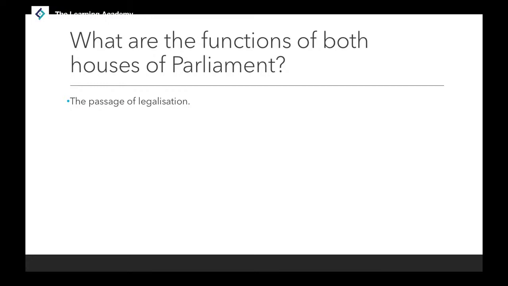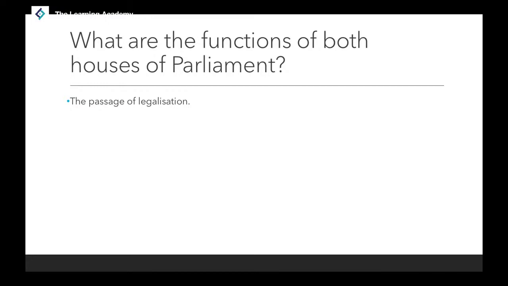However, you could make the counter argument, of course, that this has been a downward trend. There are a couple of counter arguments you can make. The first one being there's a downward trend in the amount of legislation that's being passed. There's a piece of evidence here, a graph of the amount of legislation passed since 1900 all the way up to 2019, and you can see that in the UK Parliament there's been a very slow, steady decline since the early 1900s.